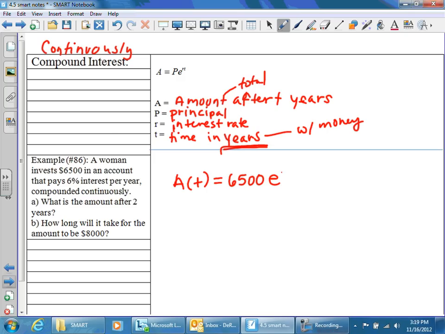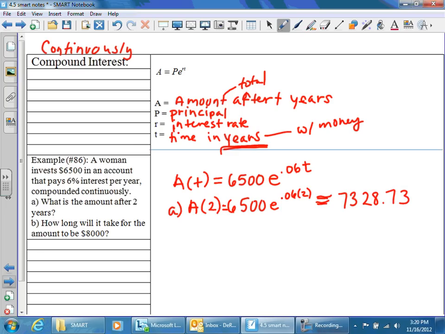My rate is 0.06 and then time T. So on A, it wants me to find after 2 years. And that's approximately $7,328.73.